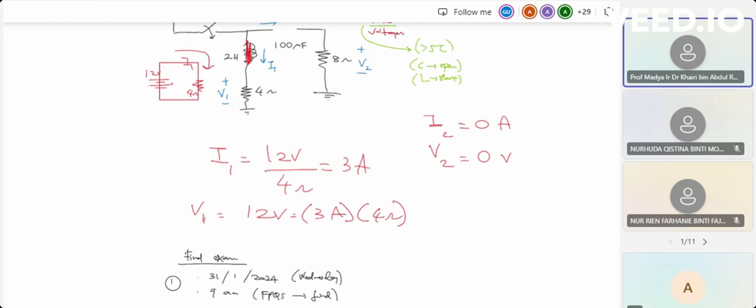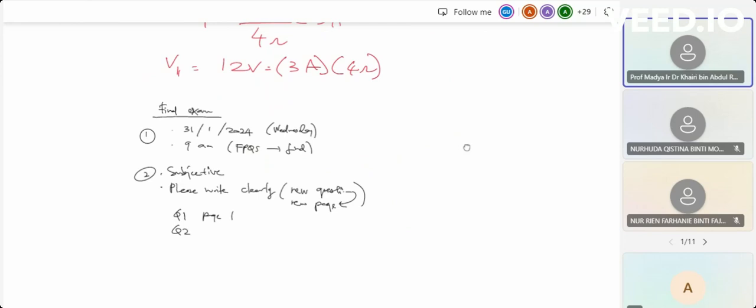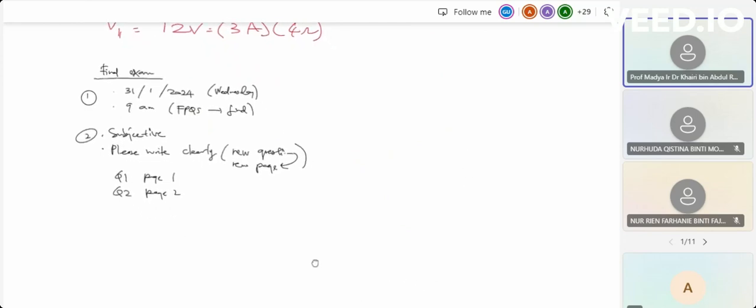If possible, if you get a new question, start on a new page. So let's say question one is on page one, for question two make sure you start at page two. Don't start at page one, because it will get messy for me to mark your answers.